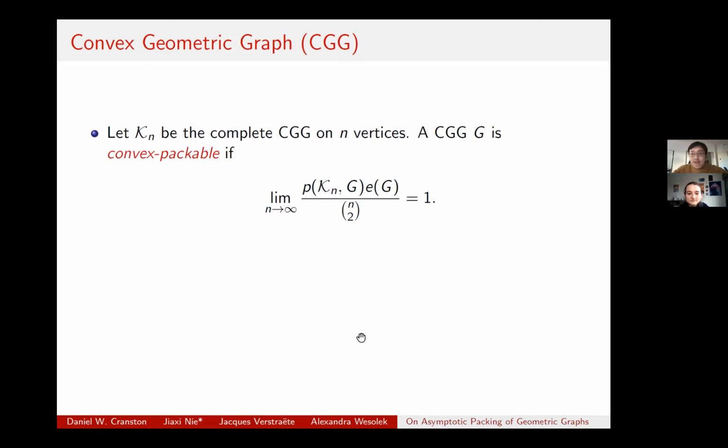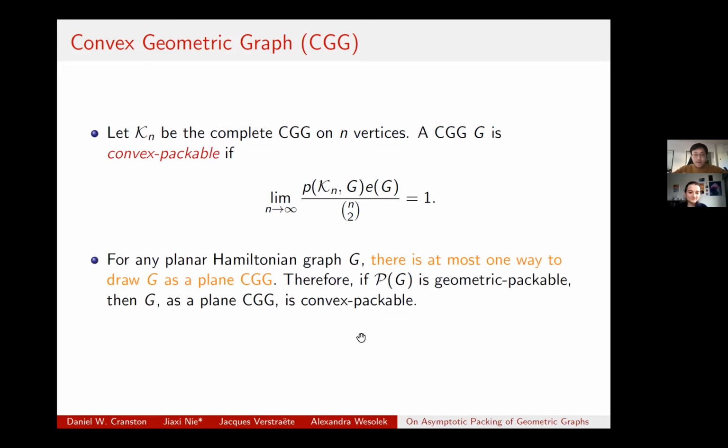And similarly, we define what it means to be convex packable. It means that it satisfies these equations, and basically it means that there exists an almost perfect packing of the convex drawing of the complete graph.